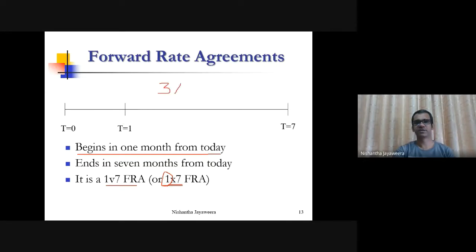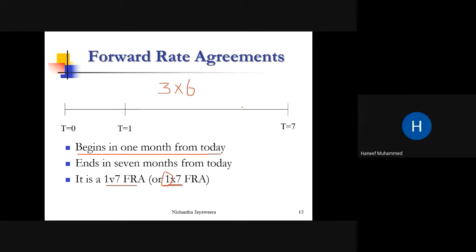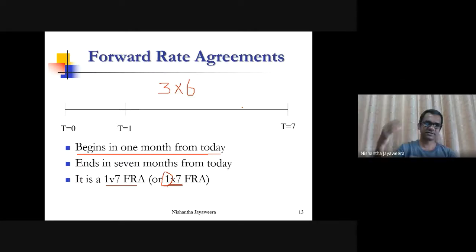So what does 3 into 6 mean? If you say FRA 3 into 6, starting from 3 months, for another 3 month period.